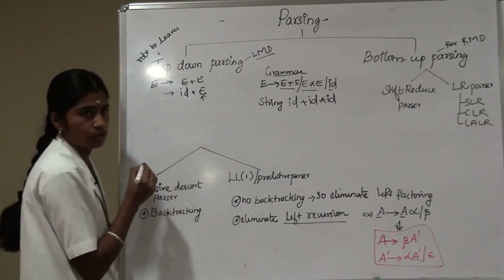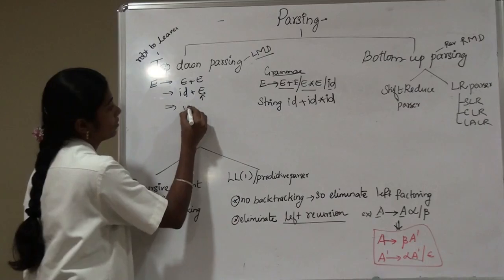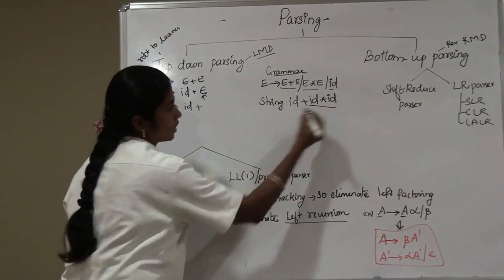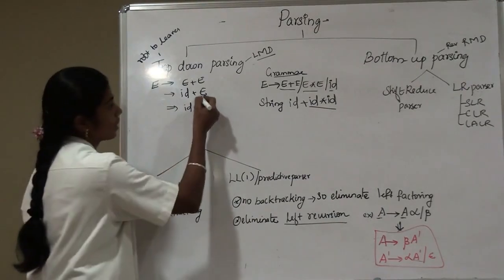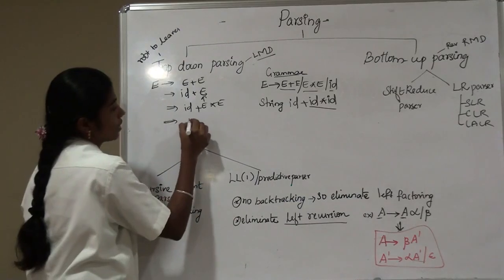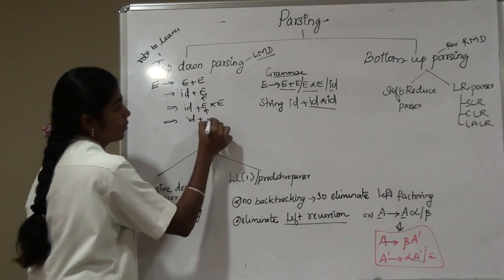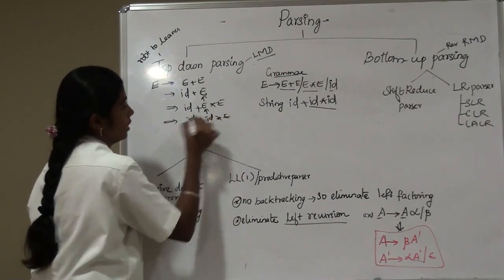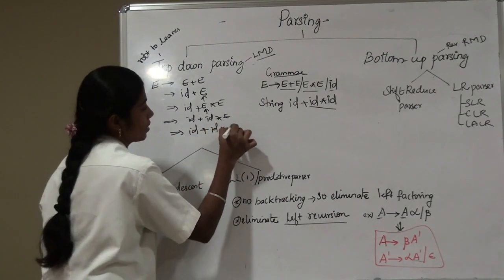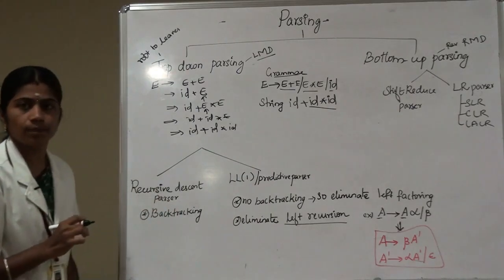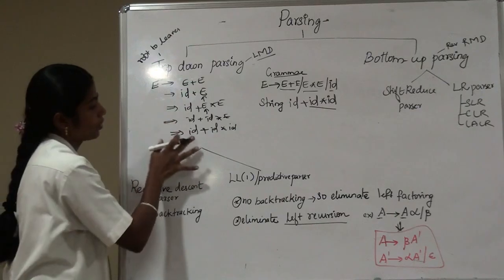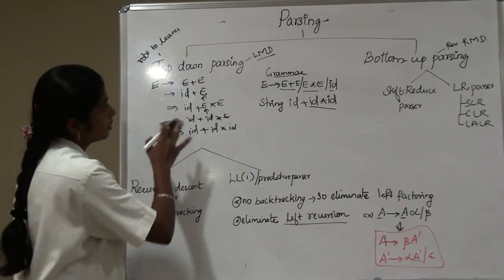Now this is the leftmost non-terminal, so you replace it with ID plus E. Since you have the expression ID star ID, this has to be replaced by the alternative E star E. Then this E can be replaced with ID, then E. Then finally you get E star ID. You have derived the string ID plus ID star ID. You started with the start symbol of the grammar and derived the input string. So this is top down parsing.